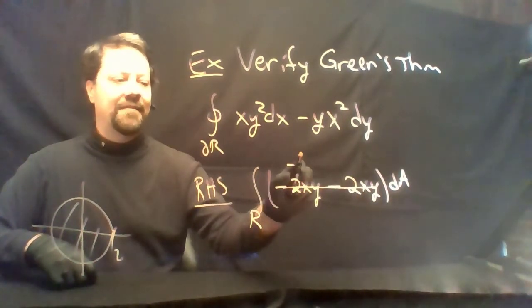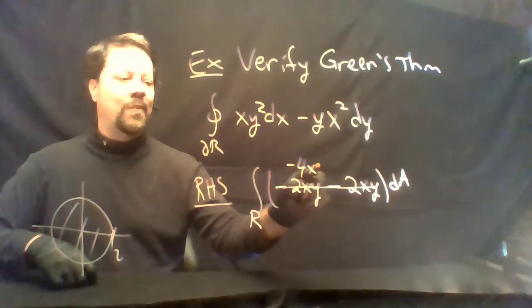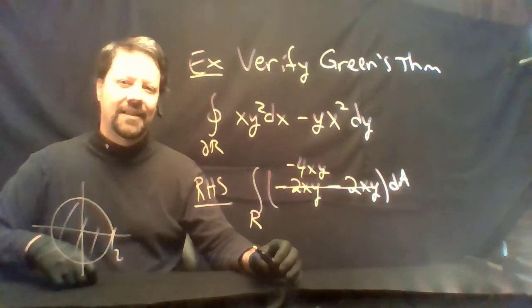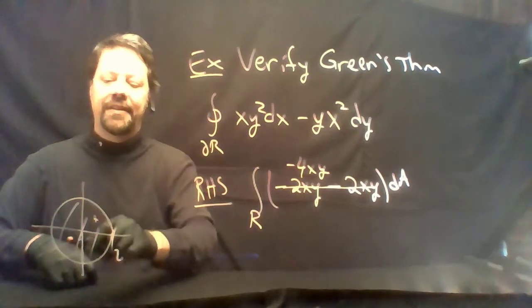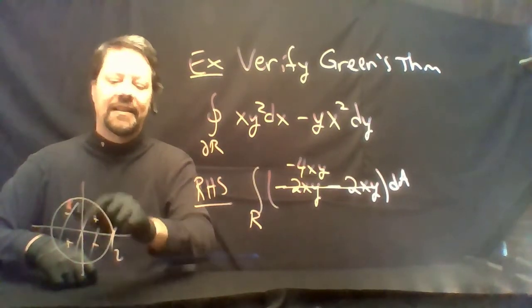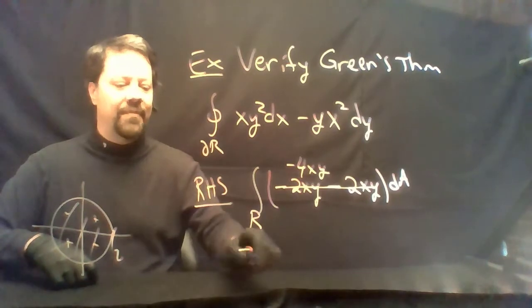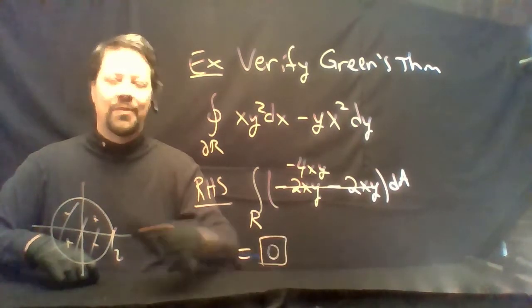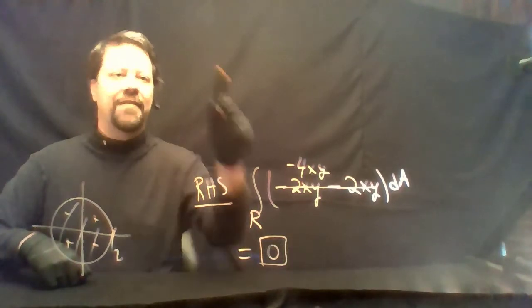The integrand is negative 4xy. Note that this function is positive in the first and third quadrants and negative in the second and fourth quadrants. With equal symmetry, we expect to get 0. We can verify this.